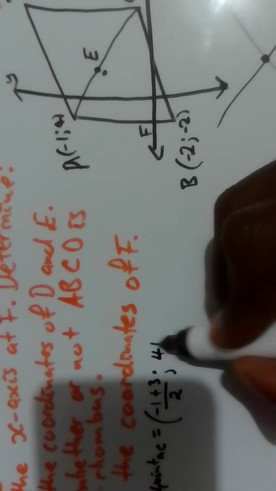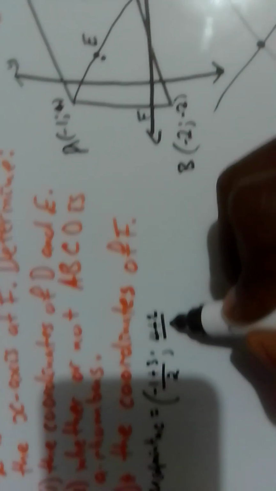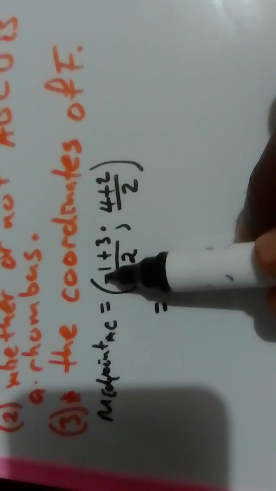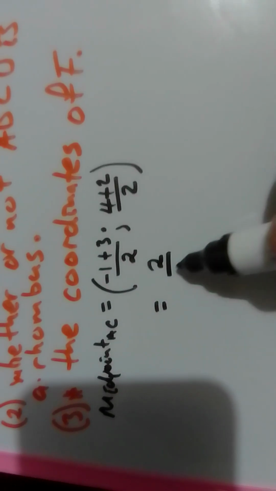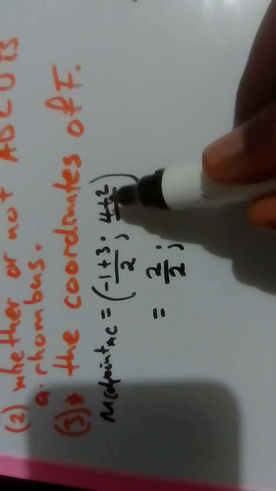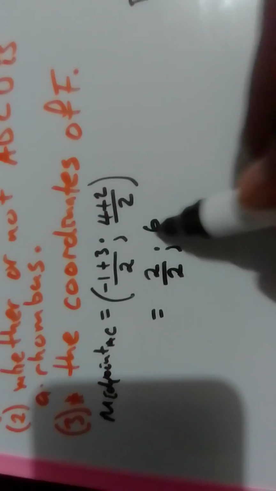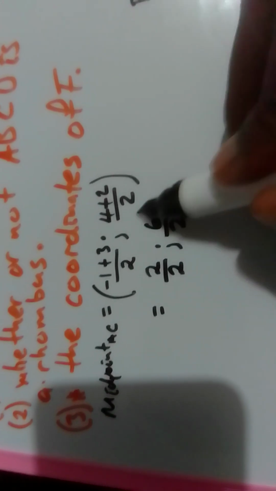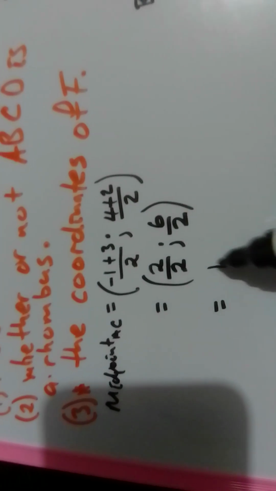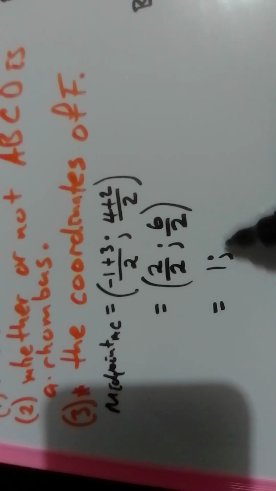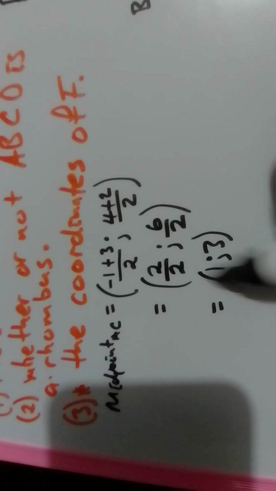So I've got 4 plus 2 divided by 2, and voila. Now, -1 plus 3 gives me 2, so I've got 2 over 2, and 4 plus 2 is equal to 6, so I've got 6 over 2. And 2 divided by 2 is equal to 1, 6 divided by 2 is equal to 3.